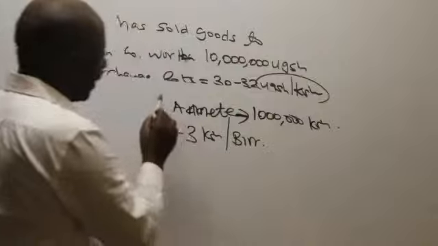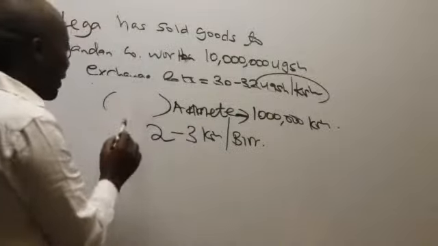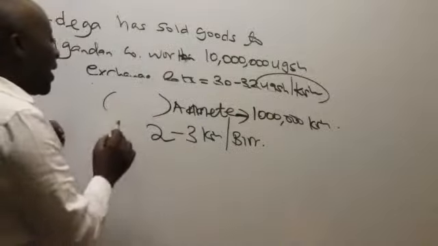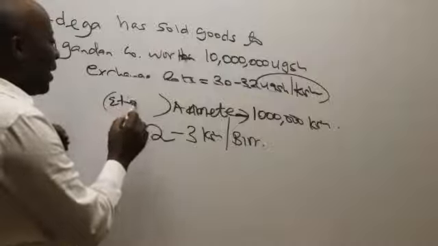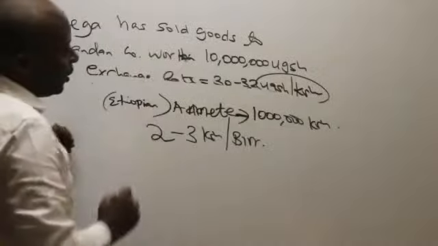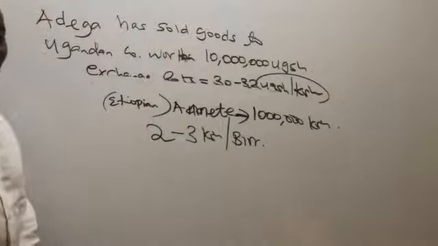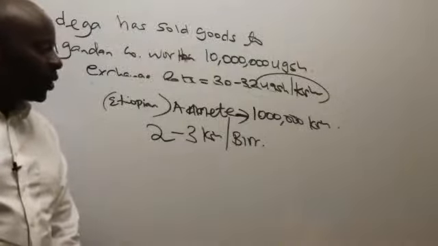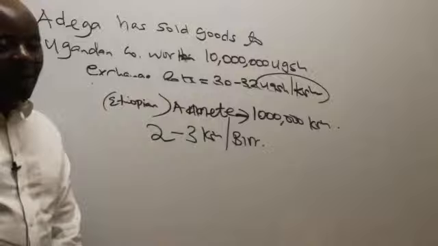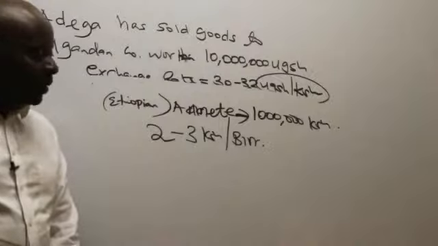But remember that in this particular question, the examiner will always define the residence. Annette is an Ethiopian. So could you kindly tell me, between 2 and 3 Kenya shillings per birr, which one becomes the buying rate? Which one becomes the buying rate?